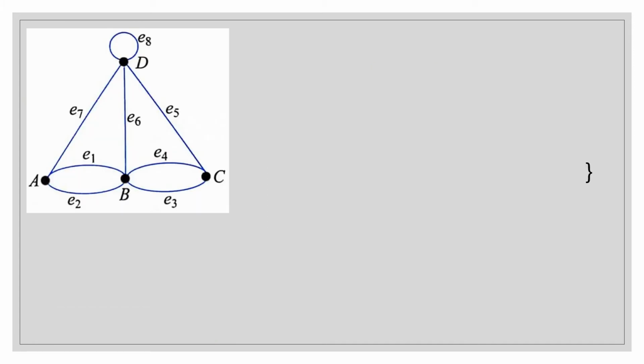Look at this example. You can see that here we have multiple edges and a loop. We got 4 dots here, so the set of V is A, B, C, D. And how about the edges?